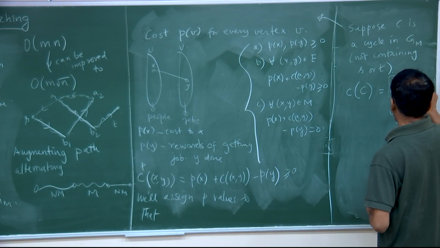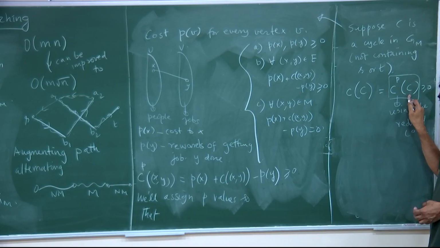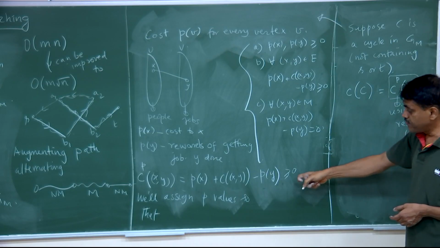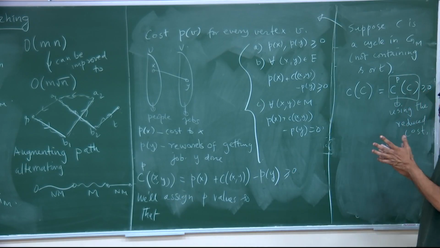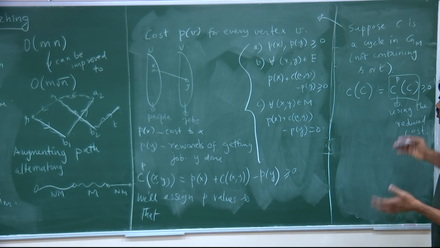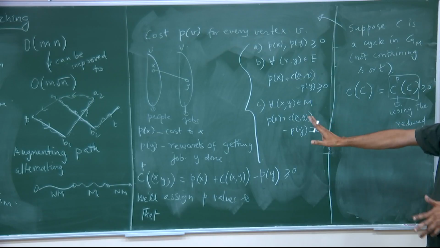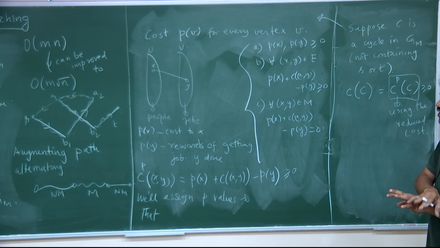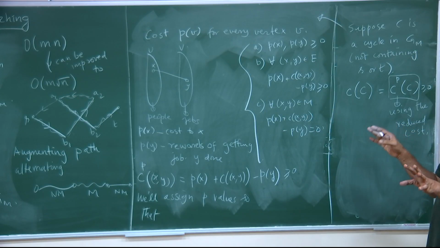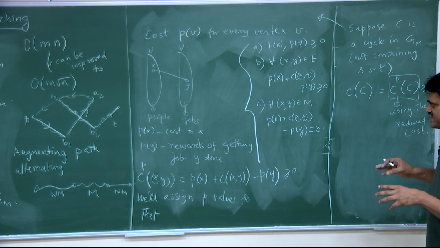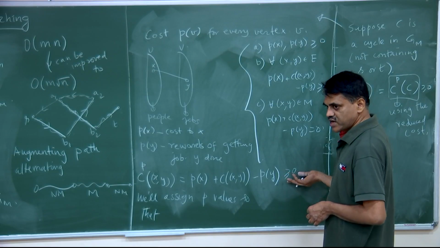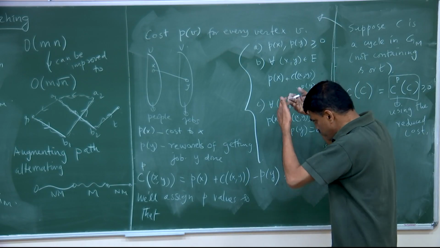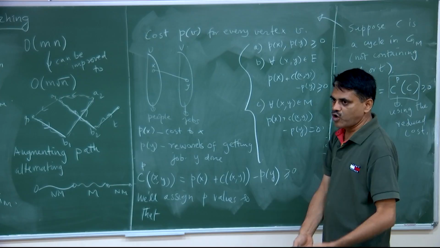If you add the reduced cost on every edge, because I am maintaining this property, the reduced cost of every edge in the residual network is non-negative. How I assign it is something I need to worry about. So all I am saying is, to deal with negative cost, here is a simple shift. We change the cost a little bit, so that the new cost of every edge is greater than or equal to 0, but the sum of the new cost over a cycle is the same as the sum of the old cost.